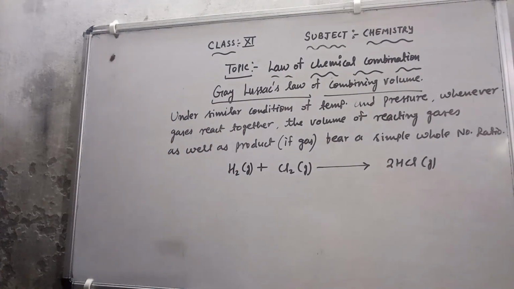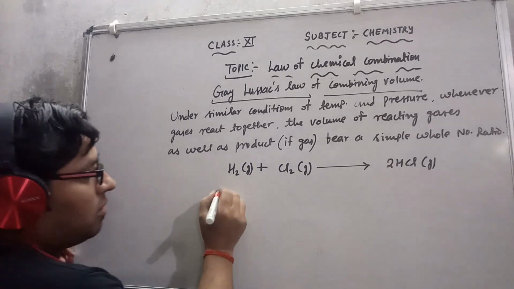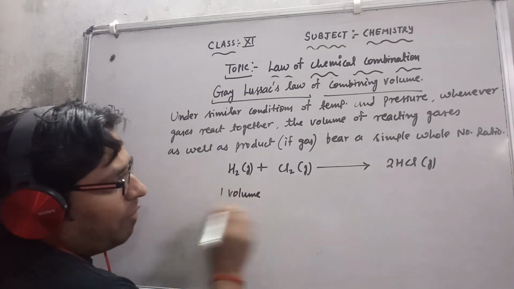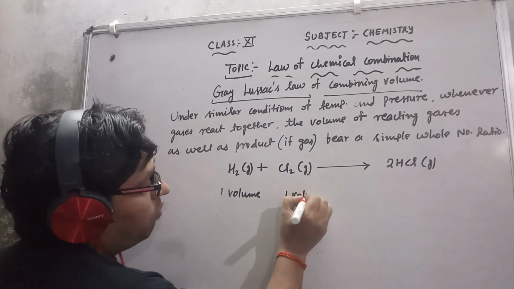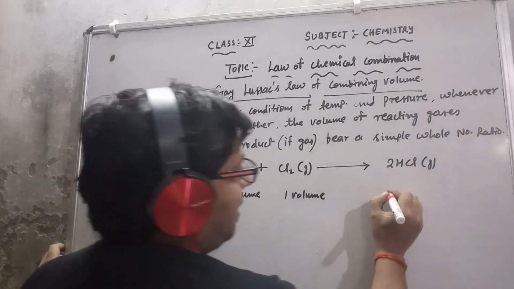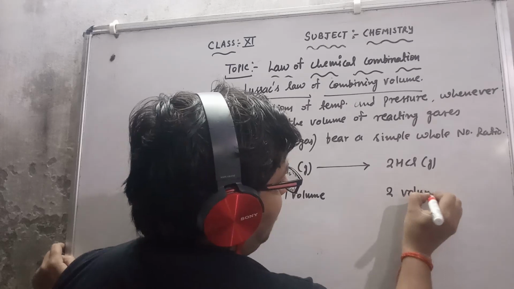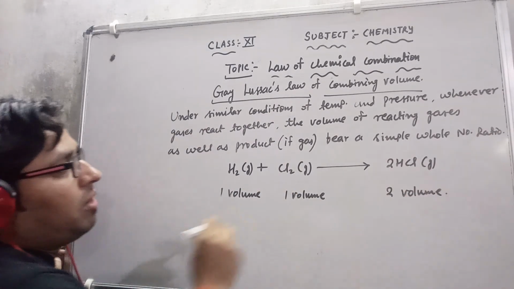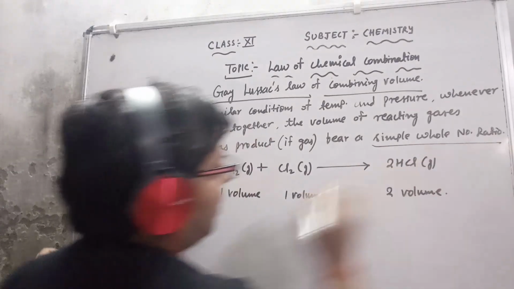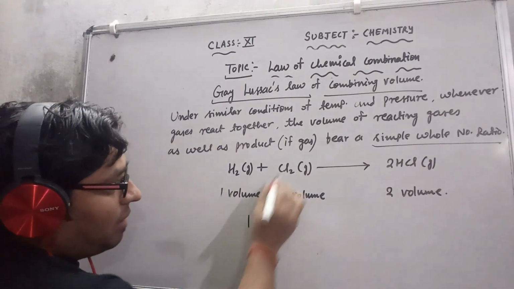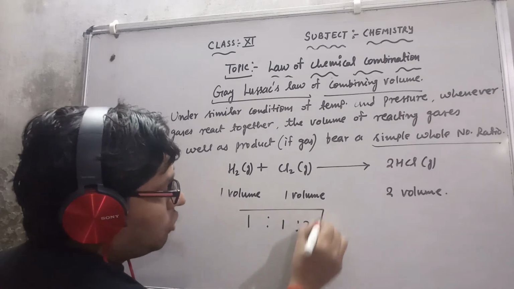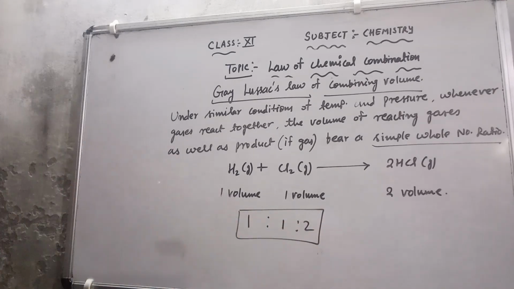So their ratio is: 1 volume of hydrogen, 1 volume of chlorine, and we get 2 volumes of hydrogen chloride. The ratio is 1:1:2, which is a simple whole number ratio.